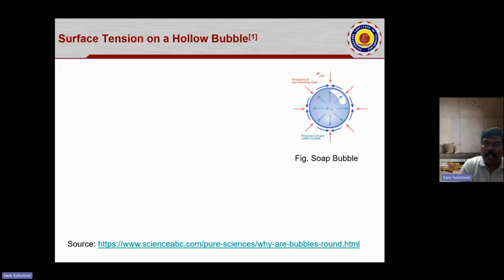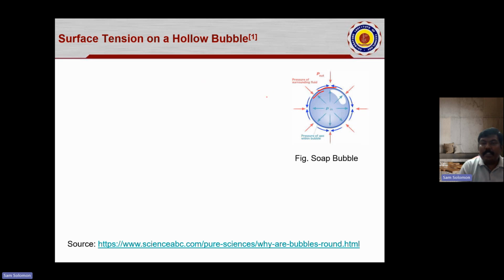So on the inner side of the bubble, you are going to have one surface tension force, and on the outer surface of the bubble, you are going to have another surface tension force acting on it. So the surface tension force acts on this bubble on two sides. In the previous case, we had the surface tension acting only on one side.